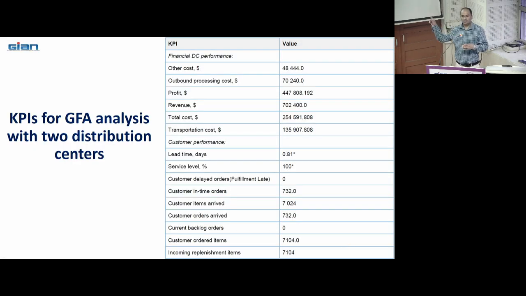This should be the answer. You should get this answer when you run that imported file, because the parameters I have inserted here are different. So other cost is 48,000, outbound processing 70, profit is 447. In my case it was a little bit higher. Why? Because the selling price and the cost were different.